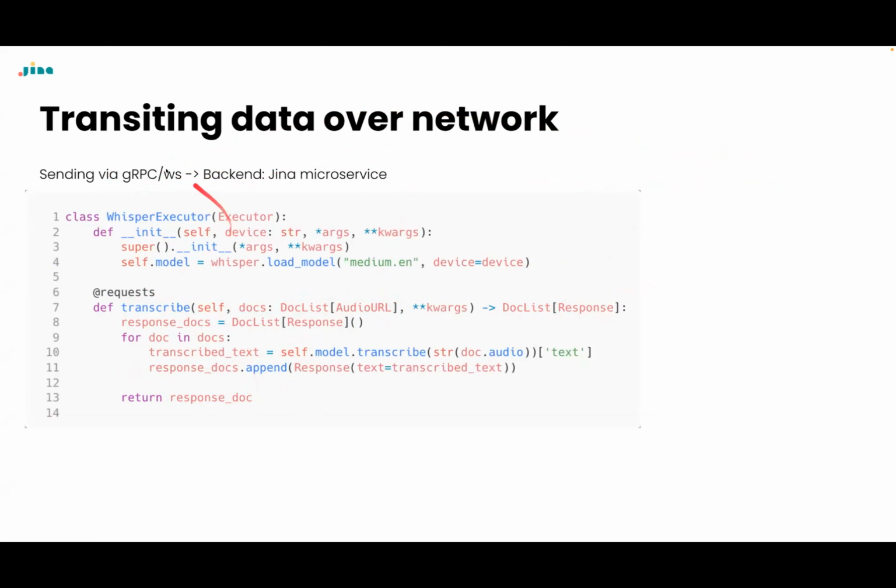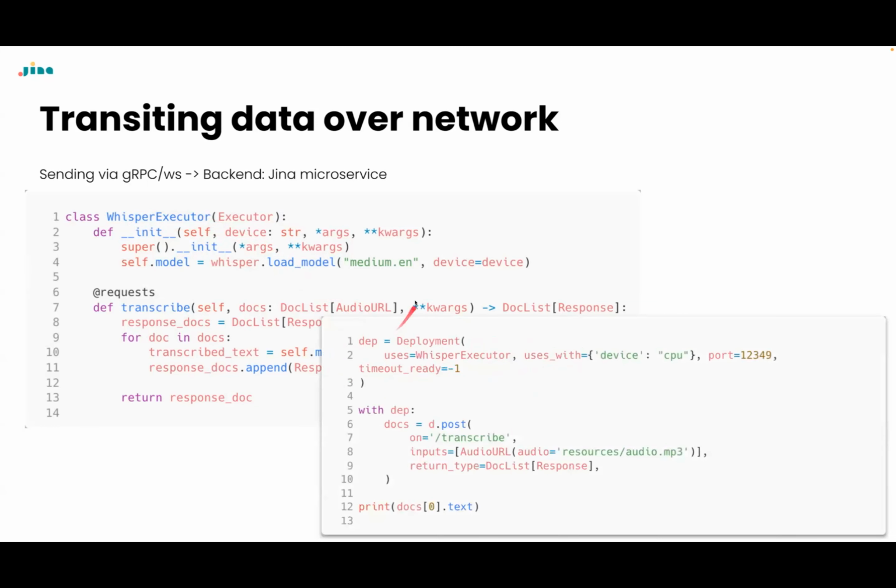And that's it, right? For example, here we just use OpenAI Whisper, a transcription model, to transcribe your audio into text. Here are some deployments that, once deployed, you can just send audios with your audio URL, this schema, and then easily communicate with this microservice, right?